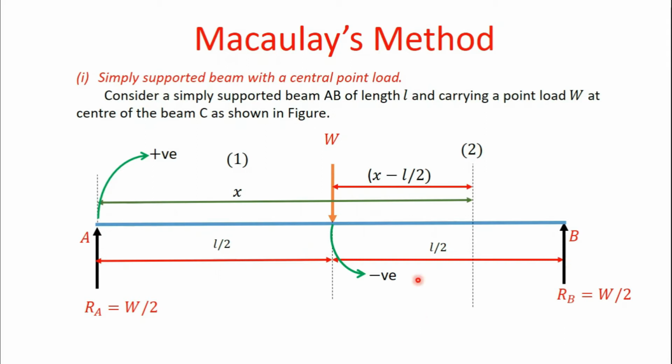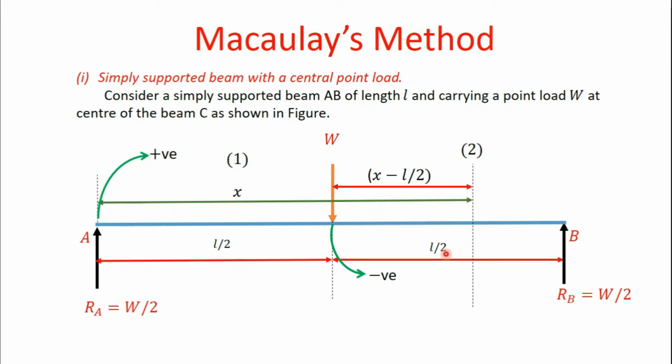So continuing with Macaulay's method, the very first point stated that calculate the reaction. I have already calculated the reaction. Since it is a case of symmetry, the reaction will be W by 2, and RA and RB both will be equal, and RB will also be W by 2, and the moment of RA will be positive in a clockwise direction, and the moment of W will be negative in an anti-clockwise direction.